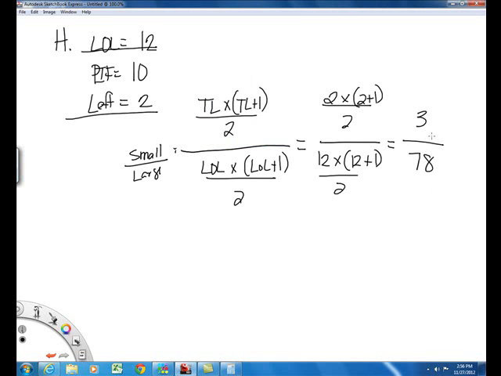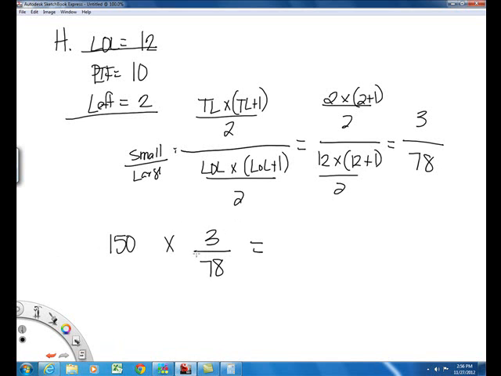So 3 over 78. Once I have my rebate fraction, all I have to do is multiply my rebate fraction by the finance charge. It told me that my finance charge is 150. So 150 times 3 over 78.